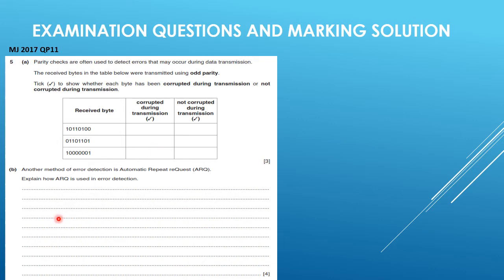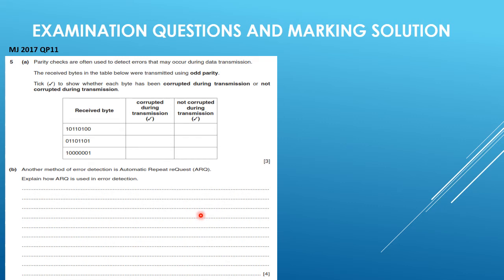In the B part, it says another method of error detection is automatic repeat request, ARQ. Explain how automatic repeat request is used in error detection. You need to see the marks of this. This is a descriptive question, so you need to write about the automatic repeat request method.